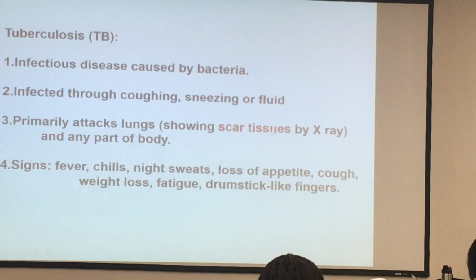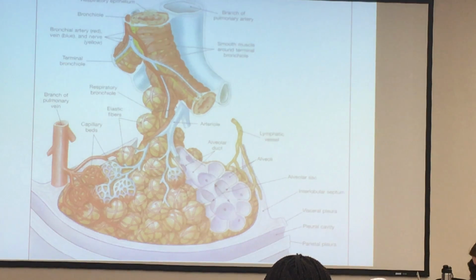So it is detected by chest X-ray, and patients always have a cough. I will not go into detail for that. TB can be located in different organs. It's infected by bacteria, and TB can be found in the stomach or small intestine, so not only the lung.